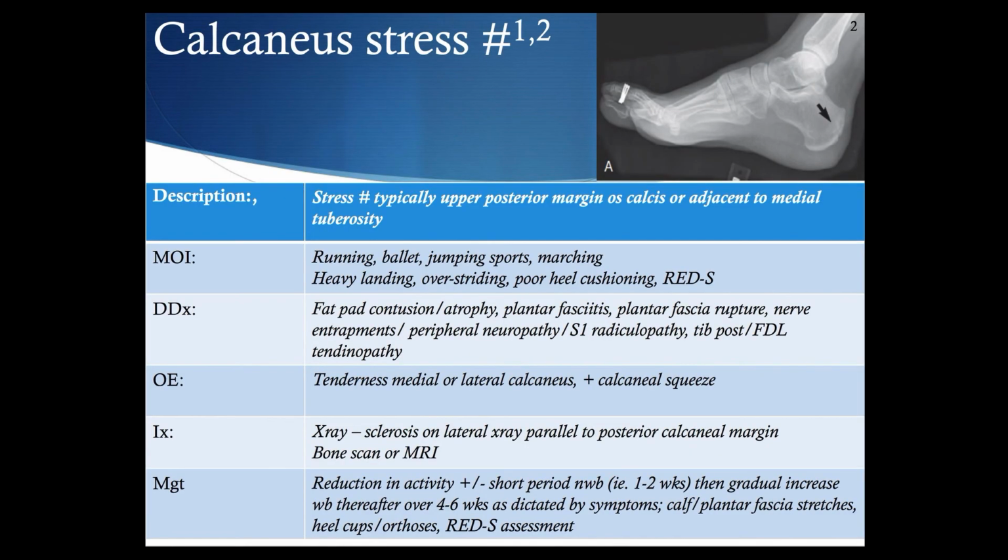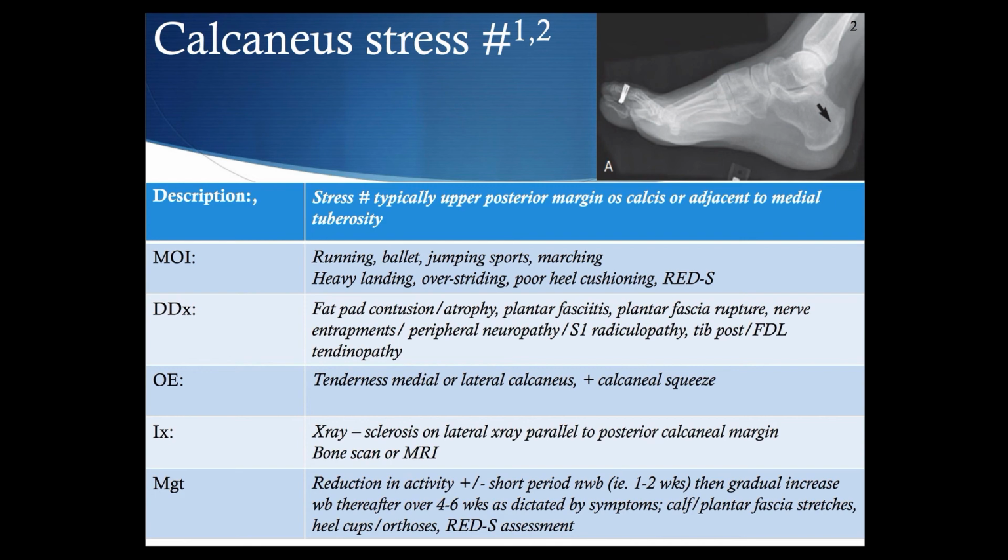Moving on to calcaneal stress fractures now. Again, typically in a couple different areas of the calcaneus, especially high impact activities and athletes involved in such. And you can see some predisposing factors here as a heavy landing, poor heel conditioning, and certainly screening for REDS would be appropriate in these patients if clinically warranted.